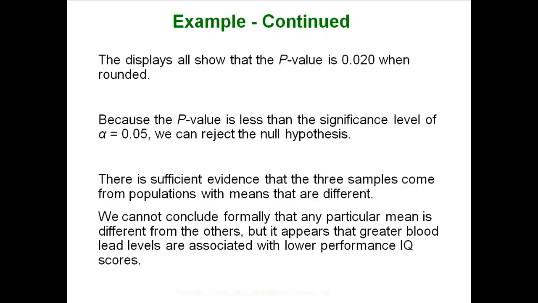Because our p-value was, in this case, rounded to 0.02, and it's less than the significance level, there is sufficient evidence to reject the null, which means there is significant evidence that something is different amongst the three means.